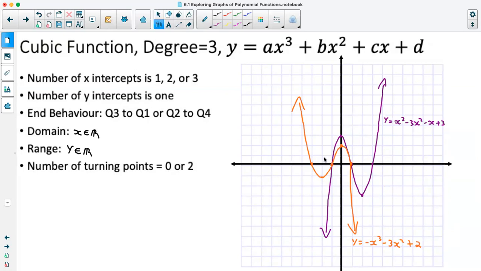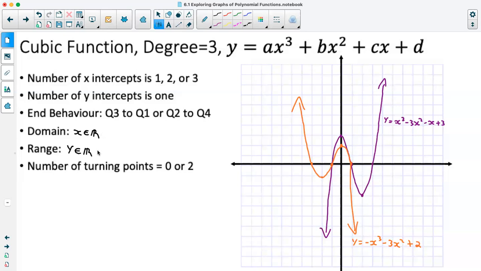So with these, you can see that you can have up to 3 x-intercepts. We're guaranteed to have at least one, and we can have as many as 3. Number of y-intercepts remains 1. Our end behavior could be Q3 to Q1 or Q2 to Q4.